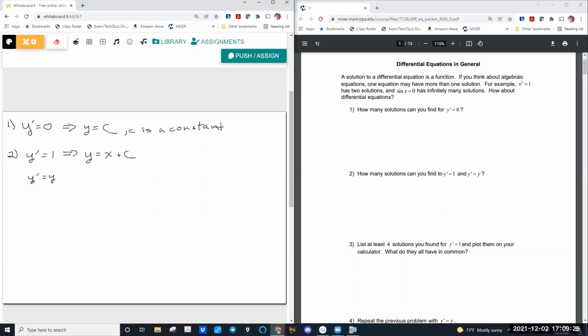Now, how many solutions do you think there are to the equation y prime equals y? Same thing, right? Yeah, y equals 0 would be 1. This one will be infinite as well. So in all 3 of these cases, we have infinitely many solutions.